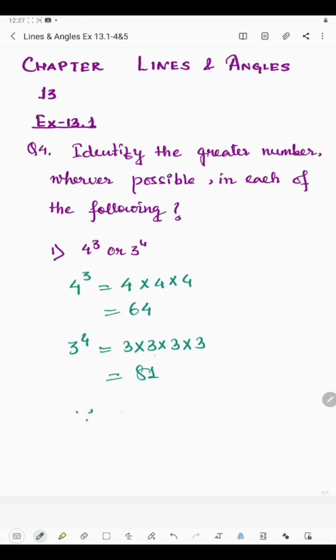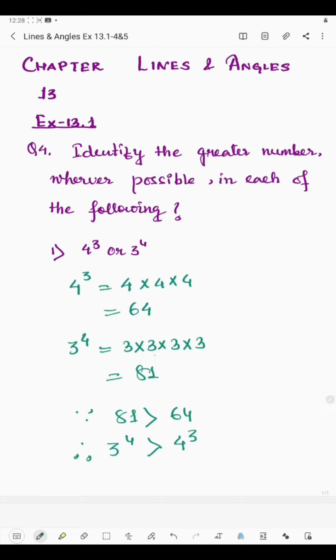Since 81 is greater than 64, we can say that 3 raised to the power 4 is greater than 4 raised to the power 3, because the value of 3 to the power 4 is 81, which is greater than 64. So 3 raised to the power 4 is greater than 4 raised to the power 3.